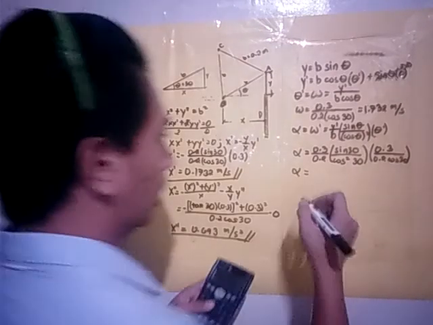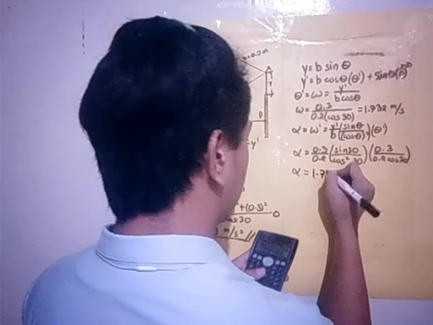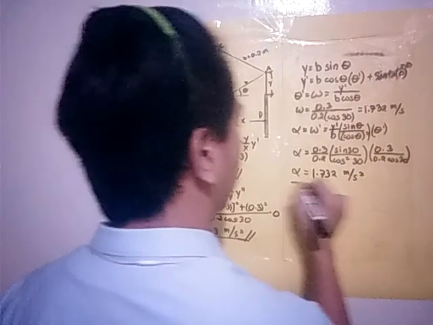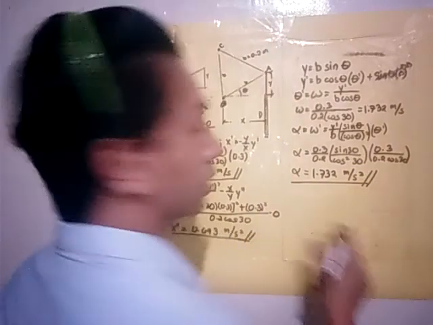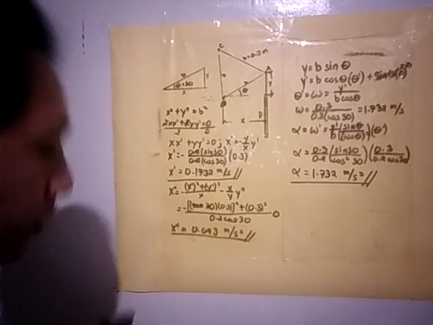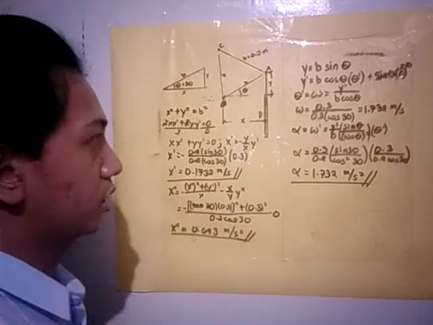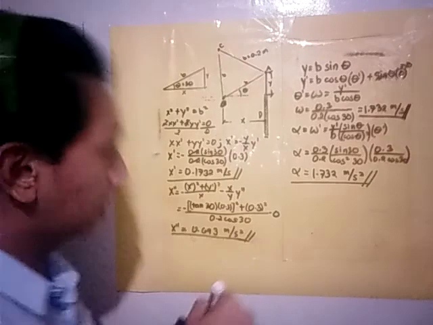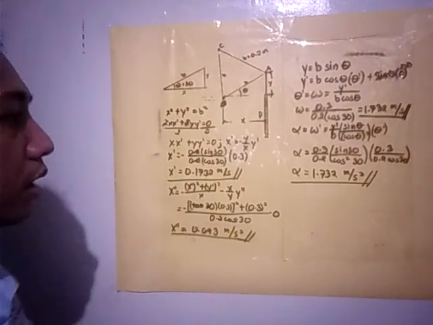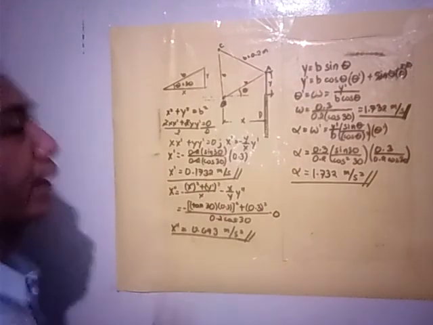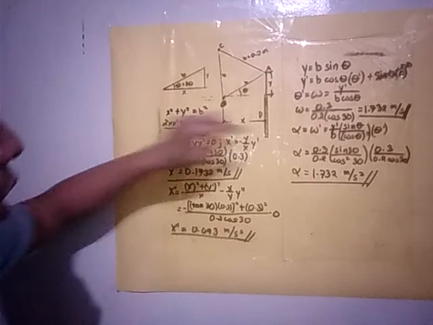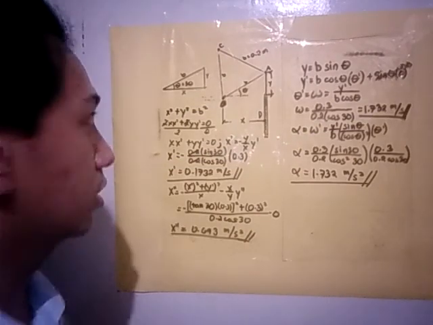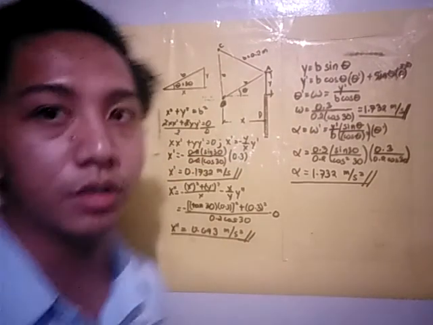So I get 1.732 meter per second square. So this is our angular acceleration and angular velocity at edge or member AB, and this is also the angular acceleration and angular velocity of our member CB or edge CB.